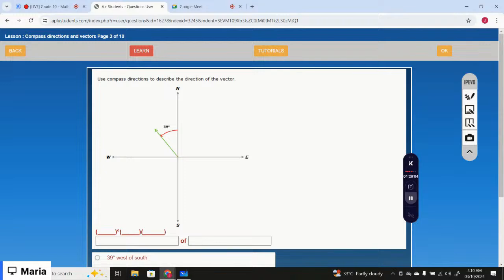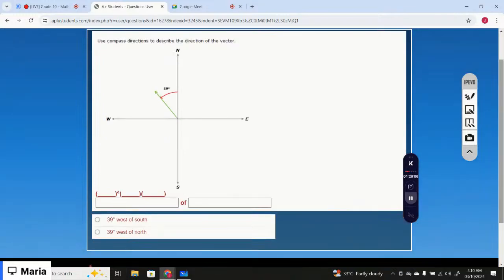Use compass direction to describe the direction of the vector. So which is the correct option? This angle is pointing from north to west, right? So then that is 39 degrees west of north.